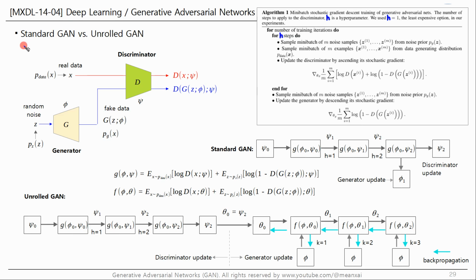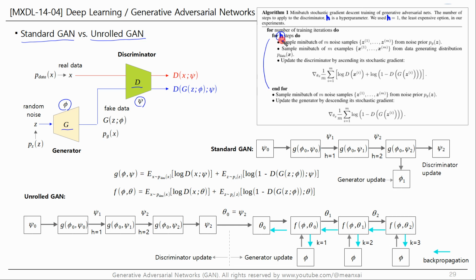Next, let's briefly compare the main differences between a standard GAN and an unrolled GAN. Let the parameter set of the discriminator be psi, and let the parameter set of the generator be phi. In a standard GAN, the discriminator is updated h times while keeping the generator fixed.